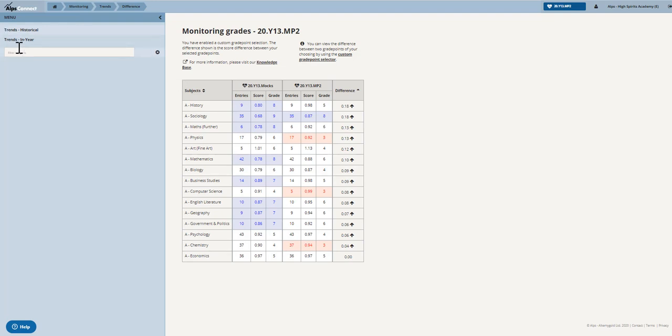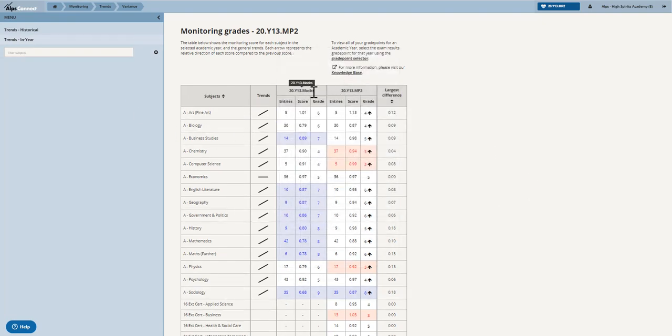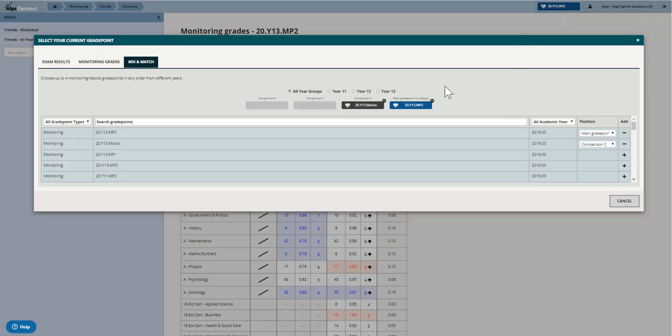Now, if I flick to this trends in year, okay, then I start to see some graphs. Now what I'm going to do is pop into my grade selector here, which is that blue lozenge at the top. I'm going to tick year 13 in, I'm in the mix and match tab.